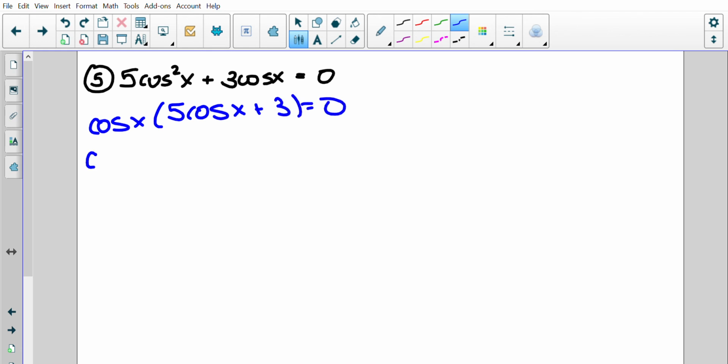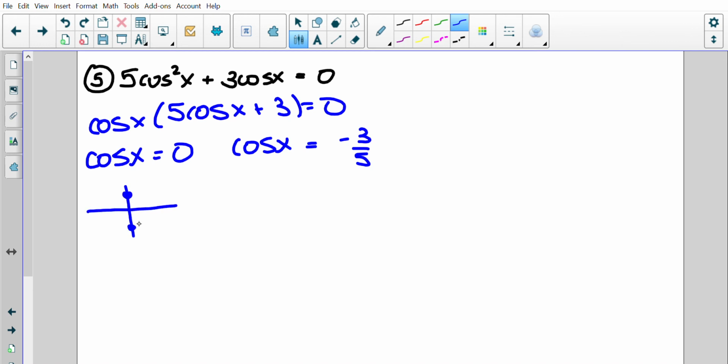So that means that that's when cosine x equals 0 or when cosine x equals negative 3/5. And so cosine x is going to equal 0 on your y-axis here. So that would be at x equals pi over 2 and 3 pi over 2. So those are easy to get.